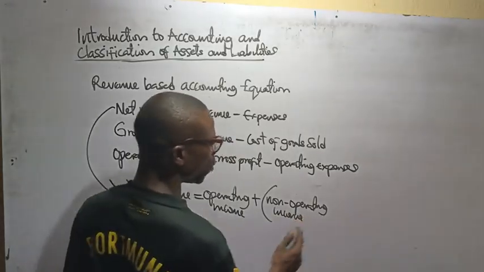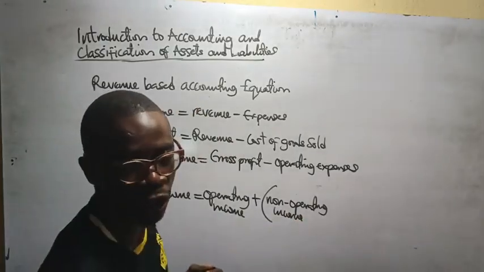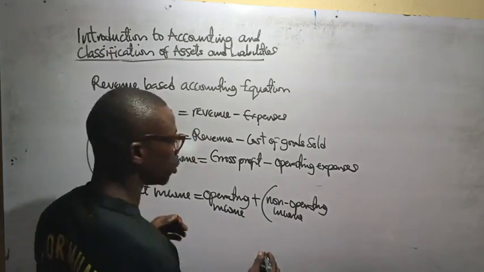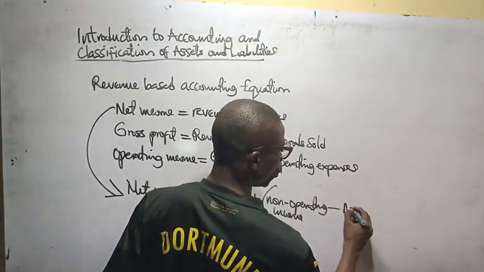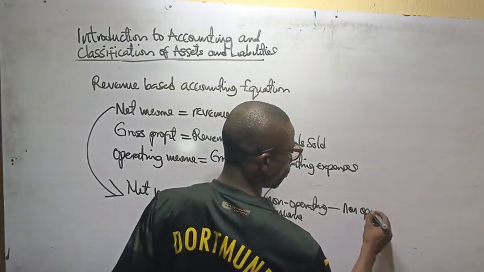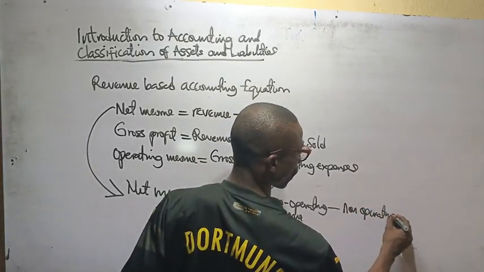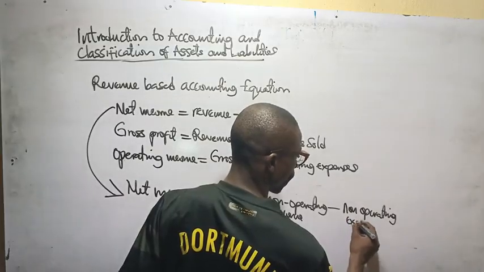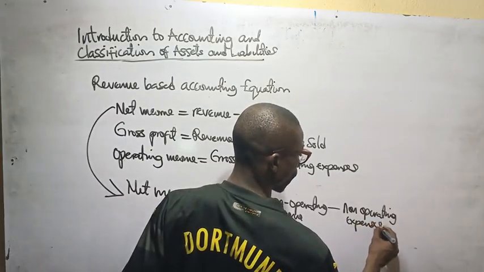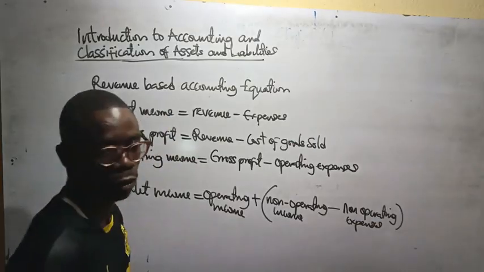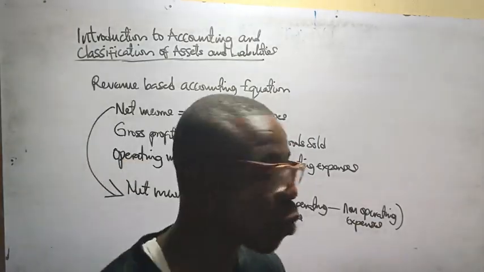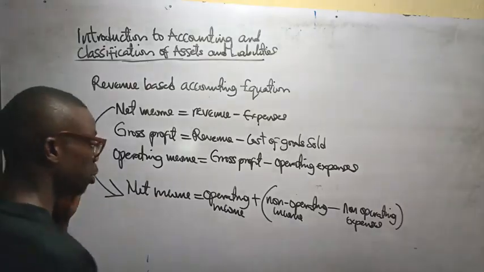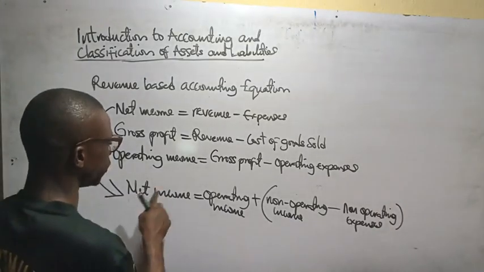That means those incomes that are not related to your operation, minus non-operating expenses. Are we together now? Those are what we refer to as your net income.